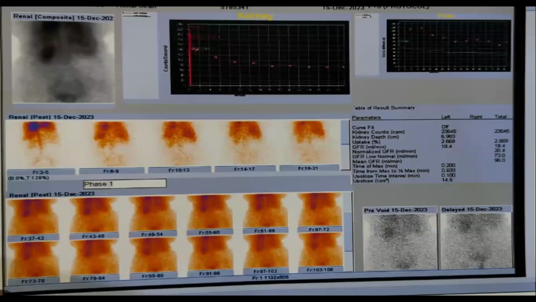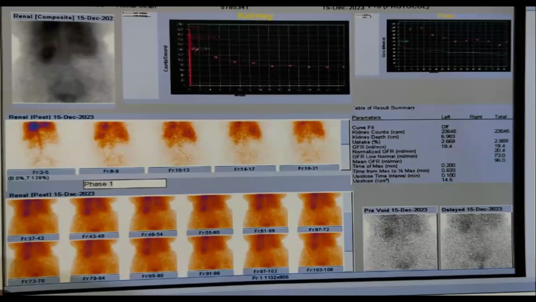So effectively, the right kidney was not showing any function with the reduced creatinine. So we kept the stent and repeated a DTPA renal scan with the infection and everything under control.